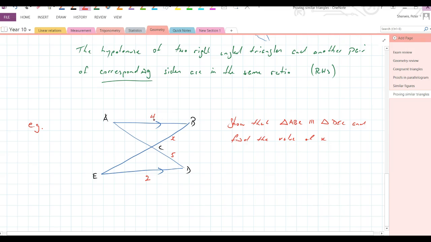Okay, so that'll do. So show that ABC is similar to DEC.